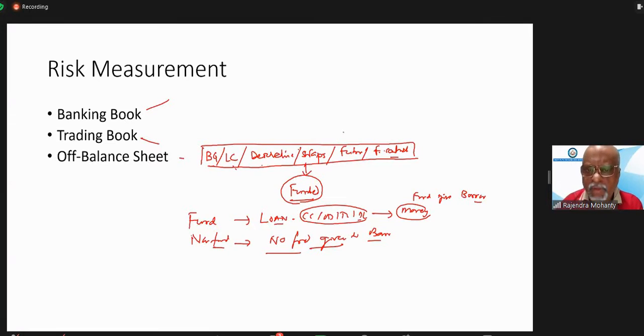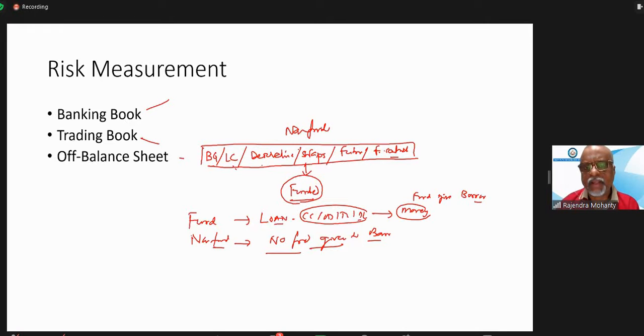When the thing is made, then it becomes a funded one. Interest rate swap means what? You are entering into an agreement that this thing will happen. After when it happens, then you have to book that. That time it will be a fund-based one. Okay. So all the things when they are issued initially by the bank, they are non-funded only.